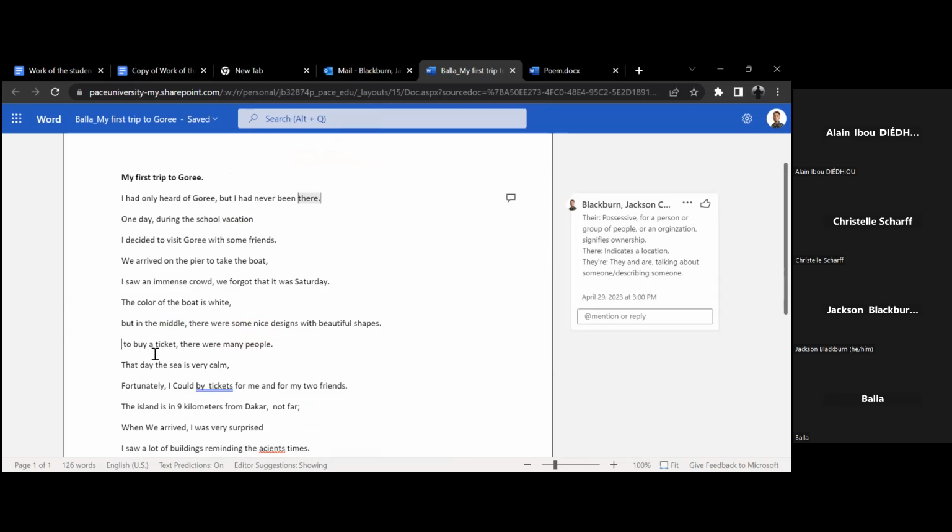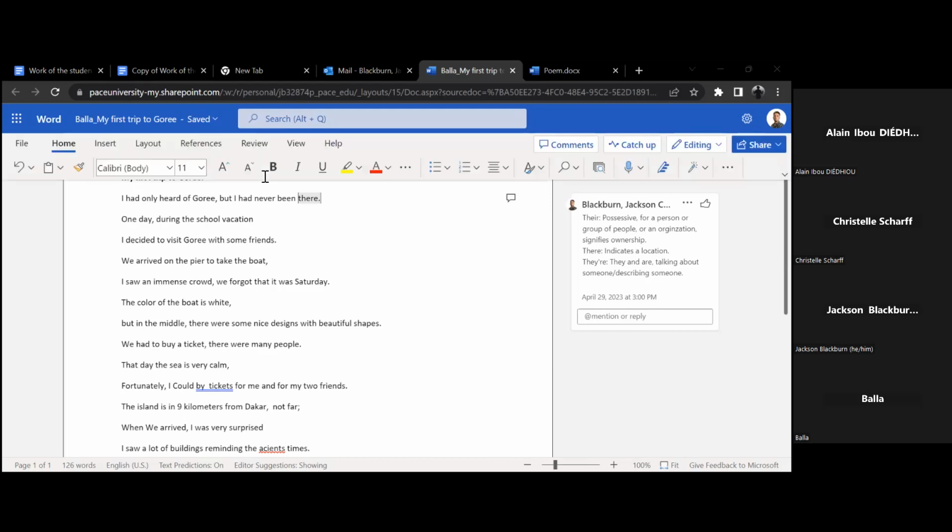So let's change that. We had to buy a ticket. There were many people. We could even put a word like, what's the chat say? Sorry. What was very difficult? Was it difficult finding a word or a phrase, or you mean that's how it was in the story when you were trying to buy a ticket?